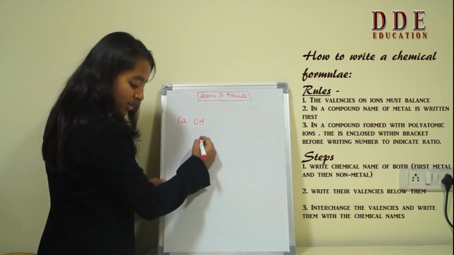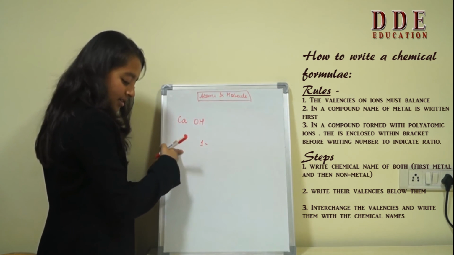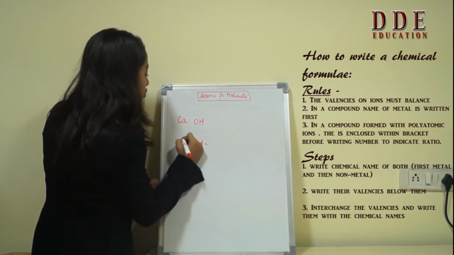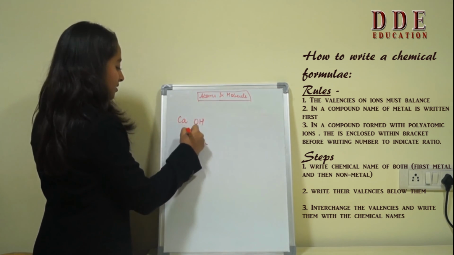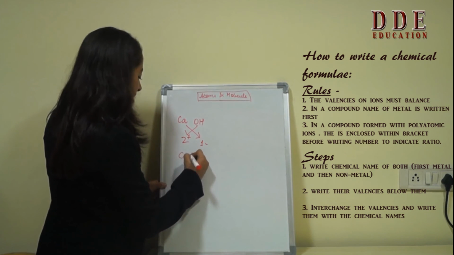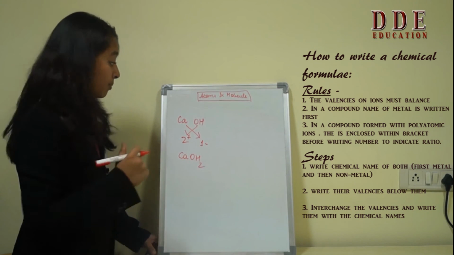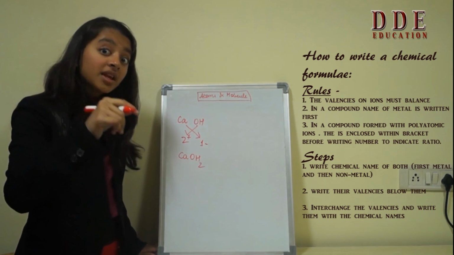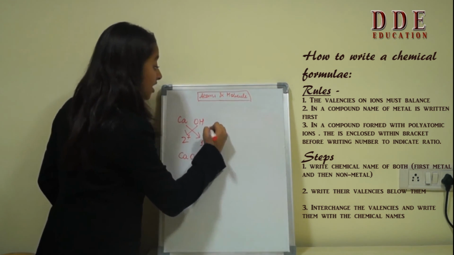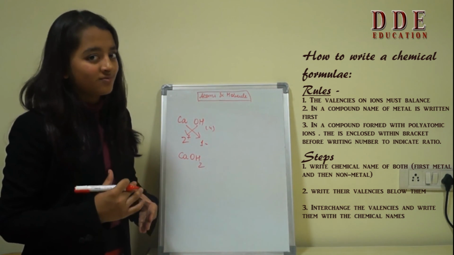Its OH valency is 1 minus and Ca's valency is 2 plus. So we will balance, and it gives us Ca(OH)2. You learned it. But whenever you have more than one, you have to enclose it in a bracket before writing the number to indicate the ratio. Okay.